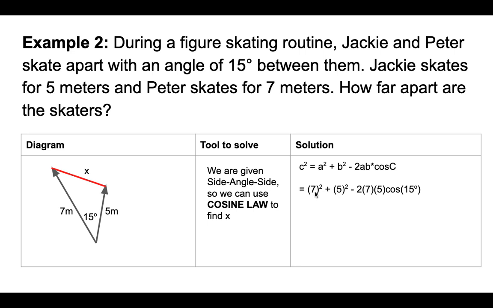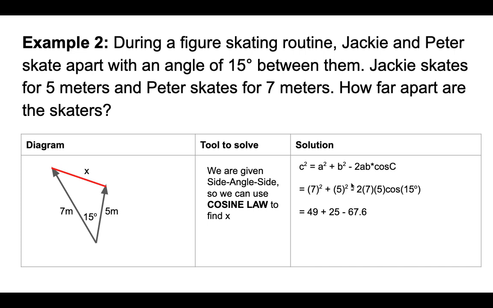So my equation becomes 7 squared plus 5 squared minus 2 times 7 times 5 times cosine of 15 degrees. I like doing each of these terms separately in the beginning. So 7 squared is 49, 5 squared is 25, and then if I multiply these all together, I get negative 67.6.